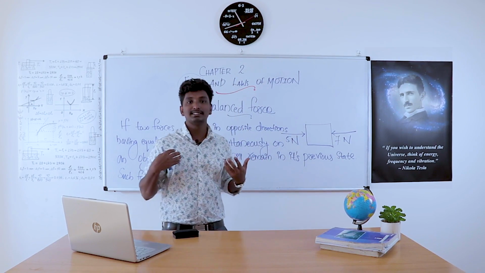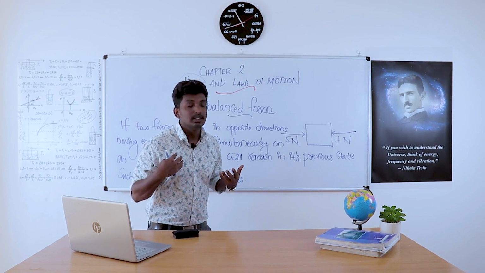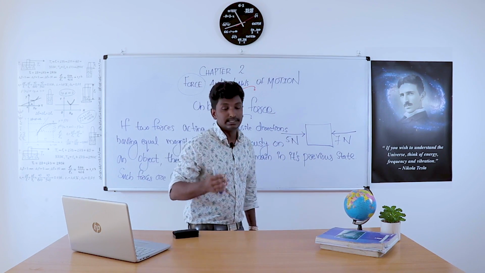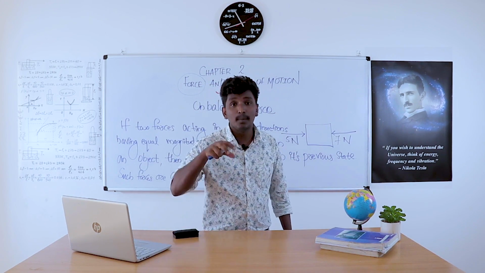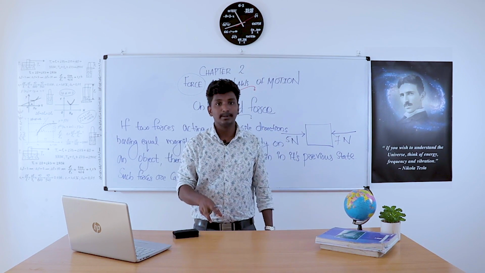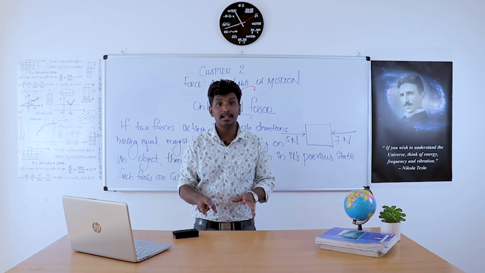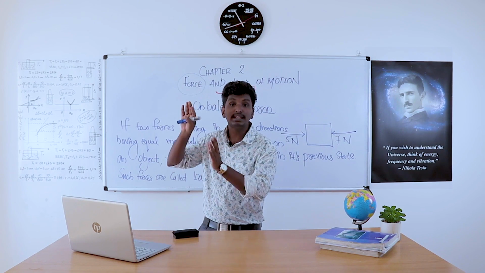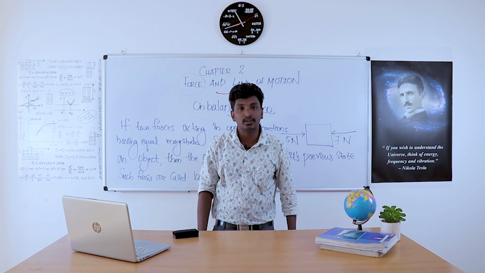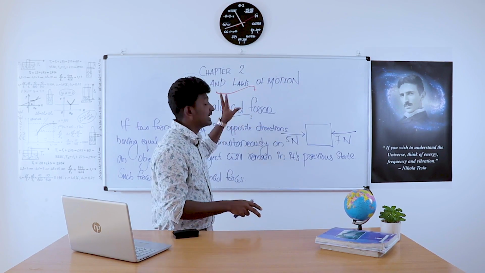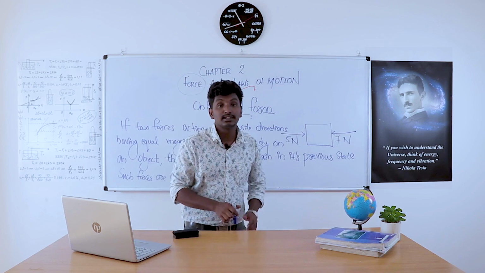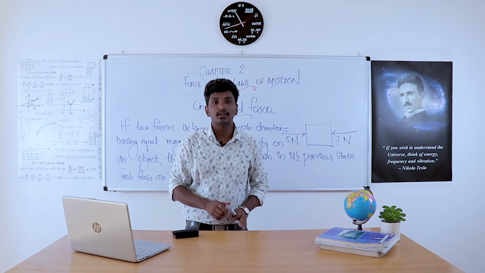That means I am applying lesser force than you. Here in unbalanced force, when two forces are acting in opposite directions on a body having unequal magnitudes, then the object will move towards the direction of greater force. Such forces are called unbalanced forces.